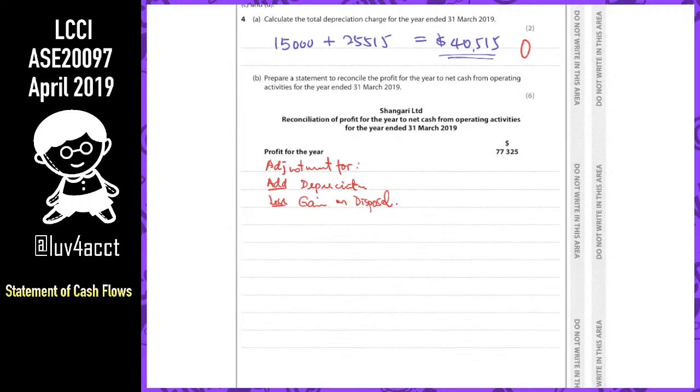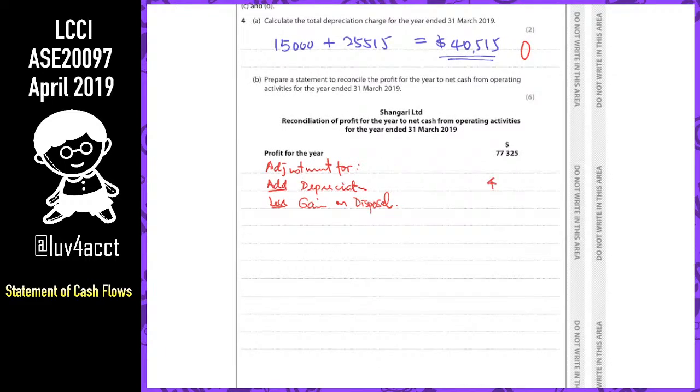Okay, depreciation we have 40515 and then 520 as the disposal gain. Okay. 117320.